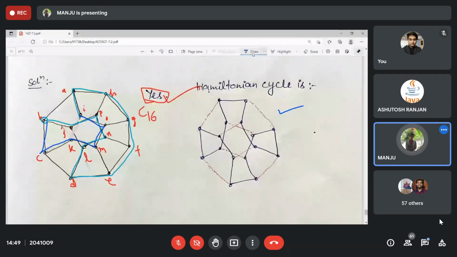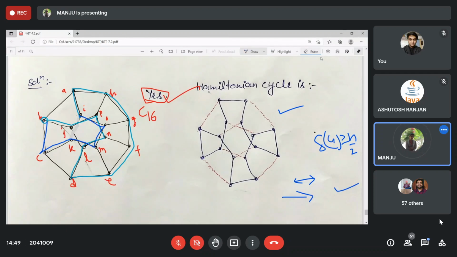That means there are some Hamiltonian graphs for which this property may not be satisfied. Okay, that's why this is not if and only if. If that property is satisfied, the minimum degree is at least n by 2, then the graph has to be Hamiltonian.